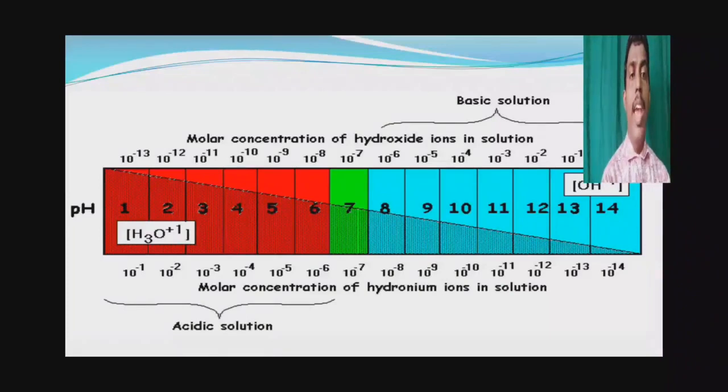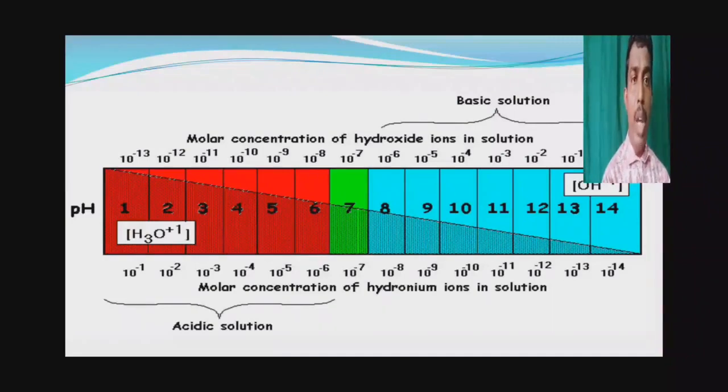These are the H plus ion concentrations, and those above the pH paper, 10 power minus 13, minus 12, minus 11, are the OH minus ion concentrations.